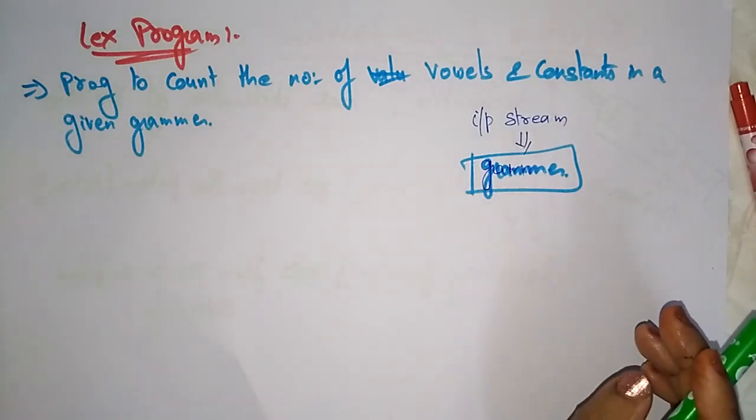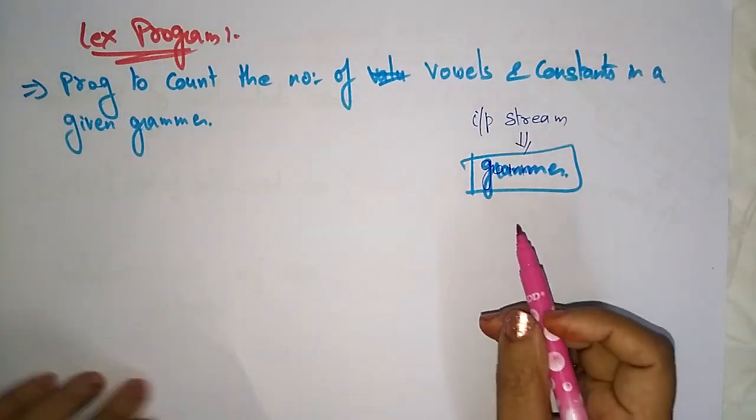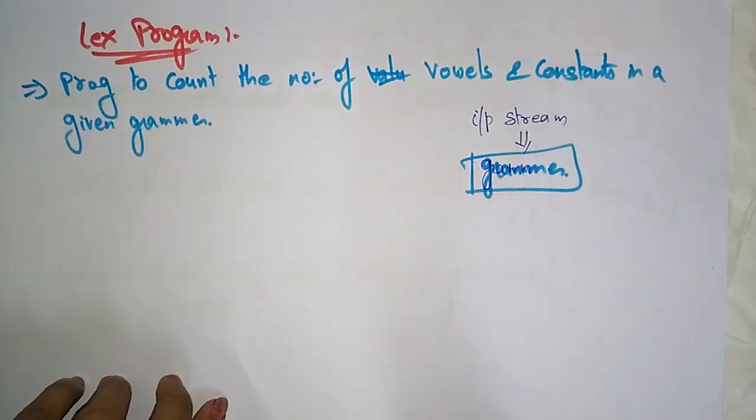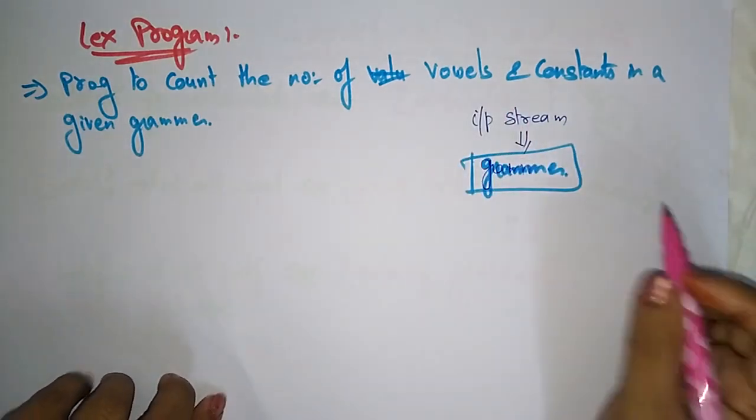This LEX program is going to generate tokens automatically, and the output we want from those tokens is the number of vowels and consonants. Let's see the program.